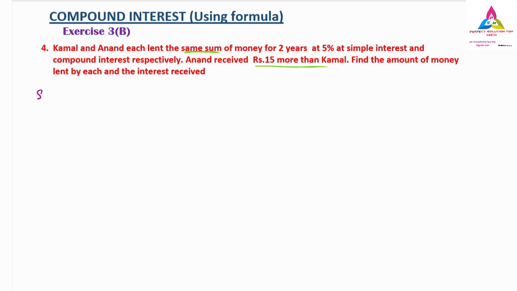According to that we will write it down. Obviously they have not mentioned how much money they have lent to the bank or somewhere, so that is not given. So we will take the money lent, or we can write it as the principal amount, P is equal to rupees X, because we don't know how much money they kept and both of them kept the same amount.